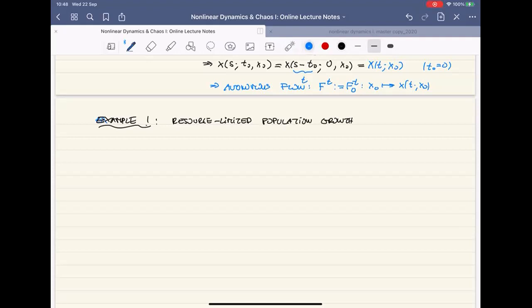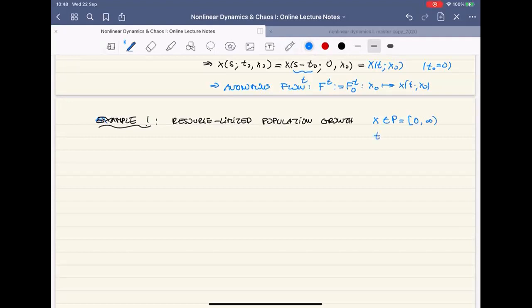Okay, so the idea is that here I will take a one-dimensional variable, which is the population, and I take it from a phase space, which is populations cannot be negative, so it starts with 0. And I allow arbitrarily large populations, so it goes from 0 to infinity.